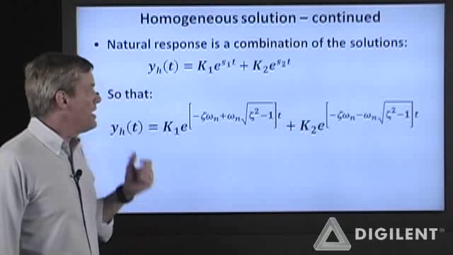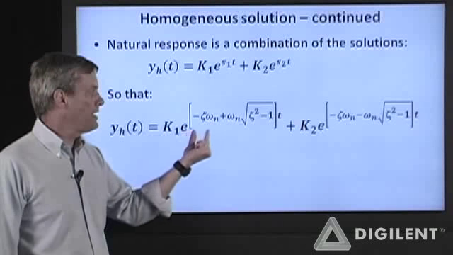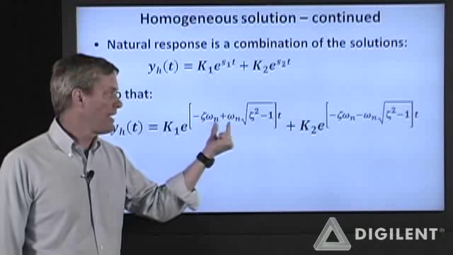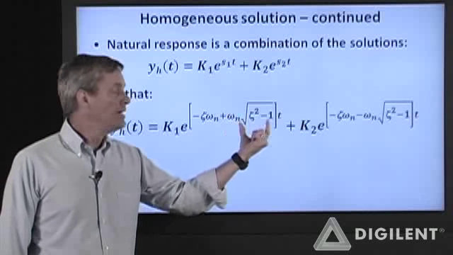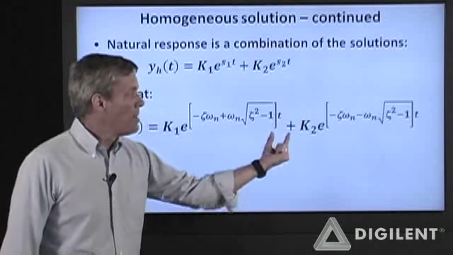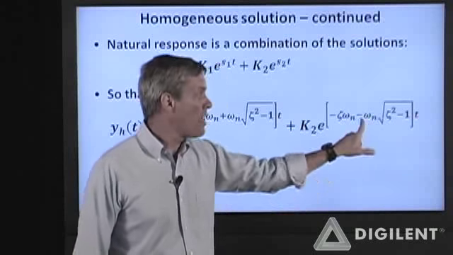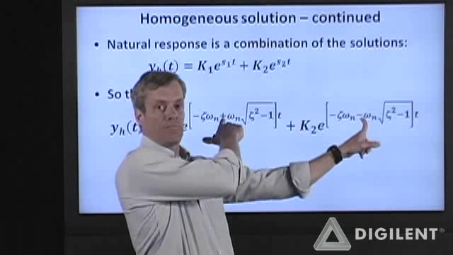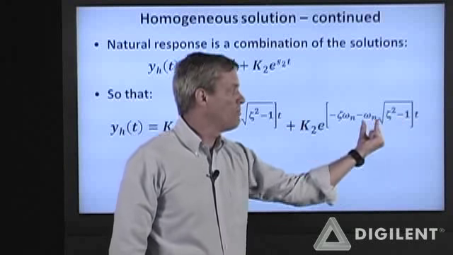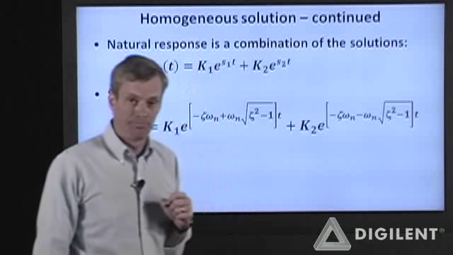If I plug in s1 and s2 from above, I get k1 e to the minus zeta omega n plus omega n times the square root of zeta squared minus 1 times t, plus k2 times e to the minus zeta omega n minus, right, plus and minus here give me my two solutions, omega n square root of zeta squared minus 1 times t.